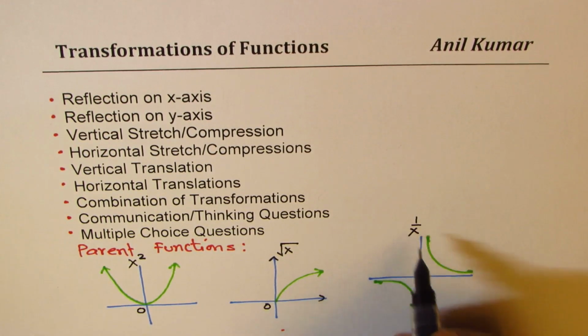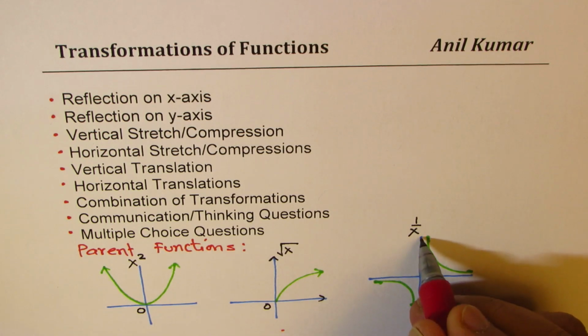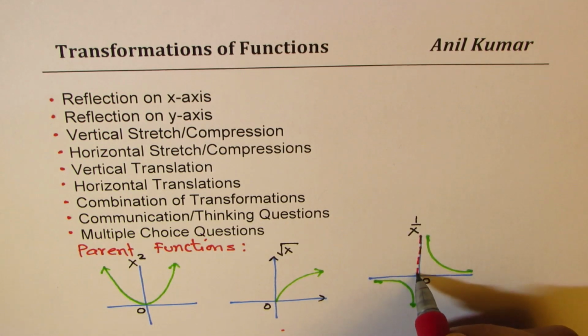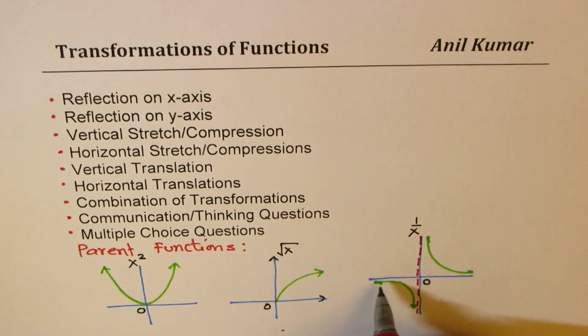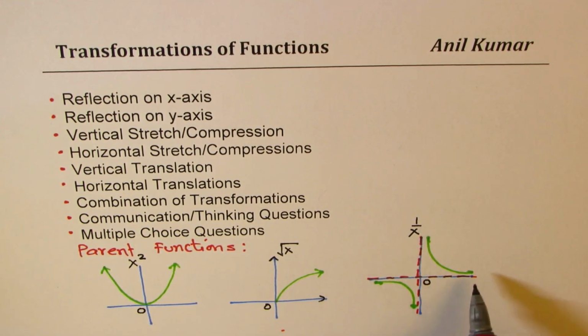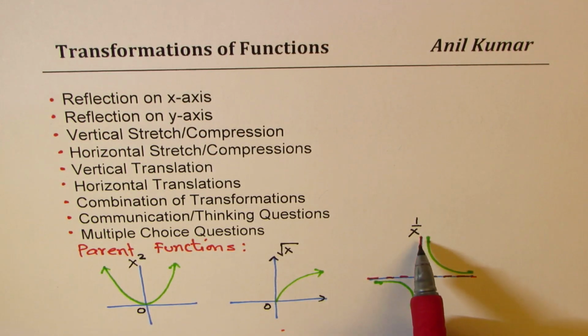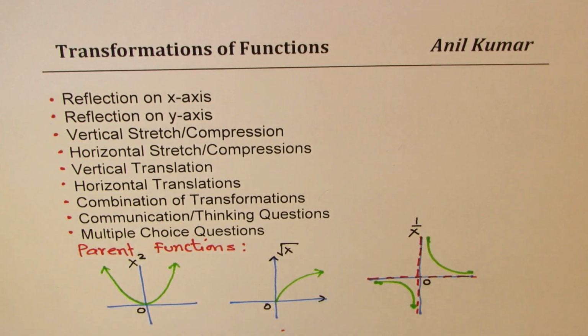And in the third one, the reciprocal function, we have vertical and horizontal asymptotes. So these are the asymptotes. Both domain and range are restricted just by the value of these asymptotes, right? So the domain cannot have x equals 0, and the range cannot have y equals 0. So these are three parent functions.